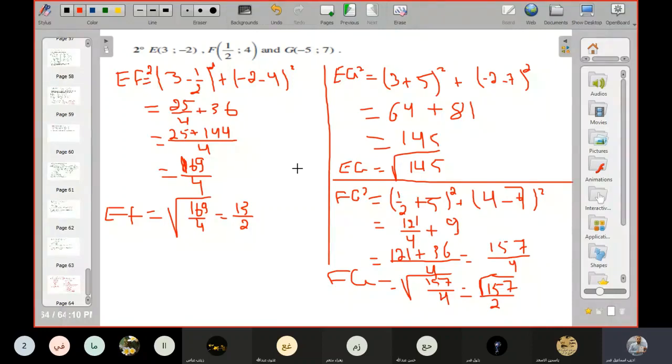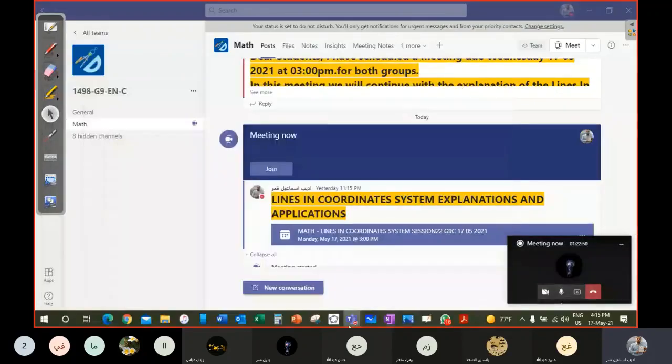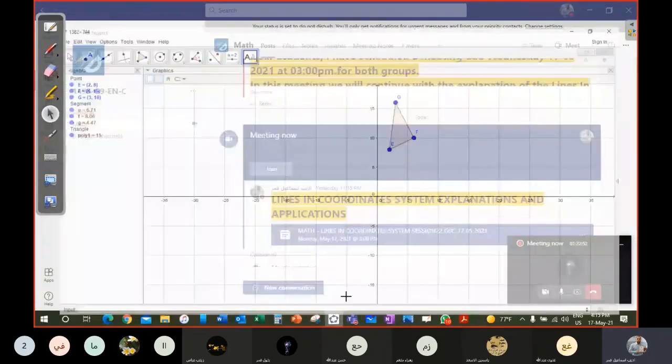So what is this triangle? It is a scalene triangle, meaning any triangle, not particular. Okay. On GeoGebra, let's delete these.